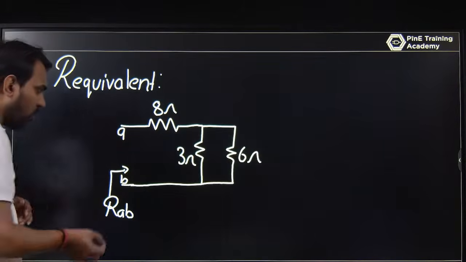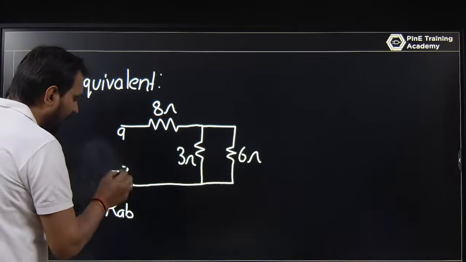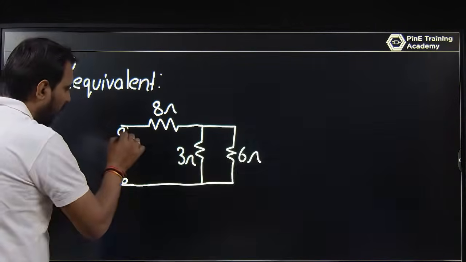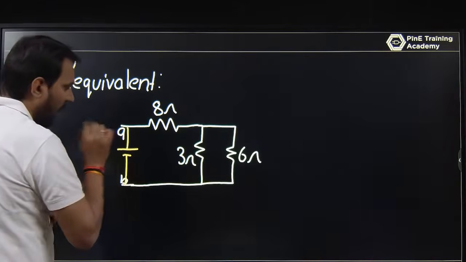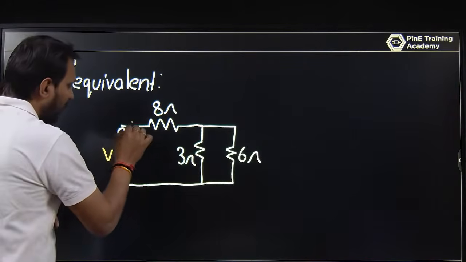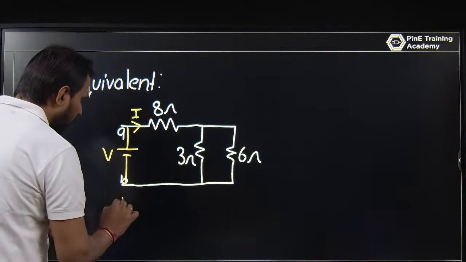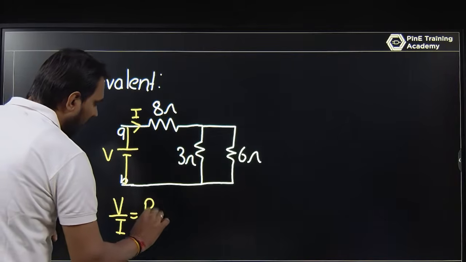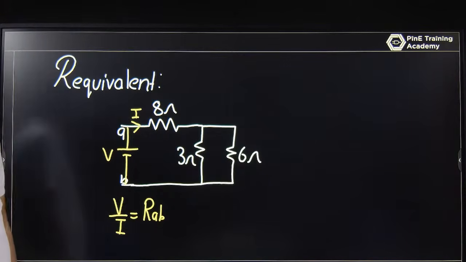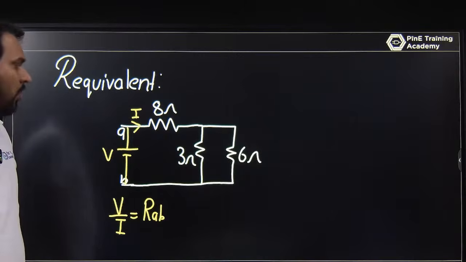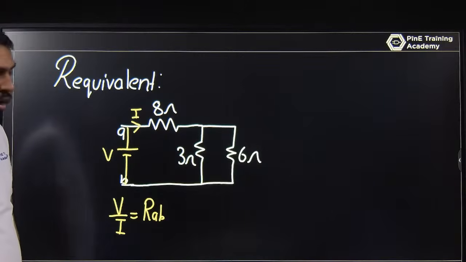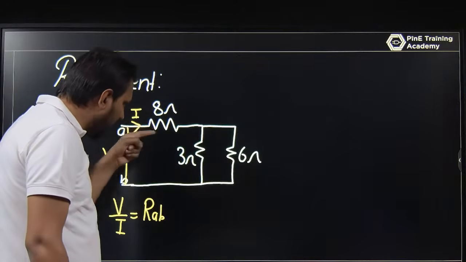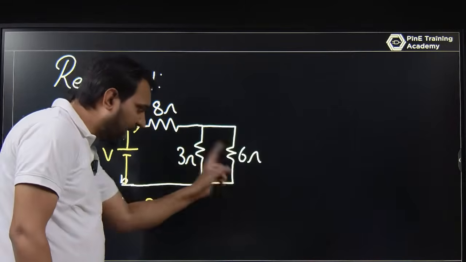So you are trying to determine RAB. You can use a voltage, let V be across AB, and you determine V by I. If you know V by I, you can determine RAB, because RAB is basically V by I. So just think in this way: you have a current, and this current is divided here with 3 and 6.